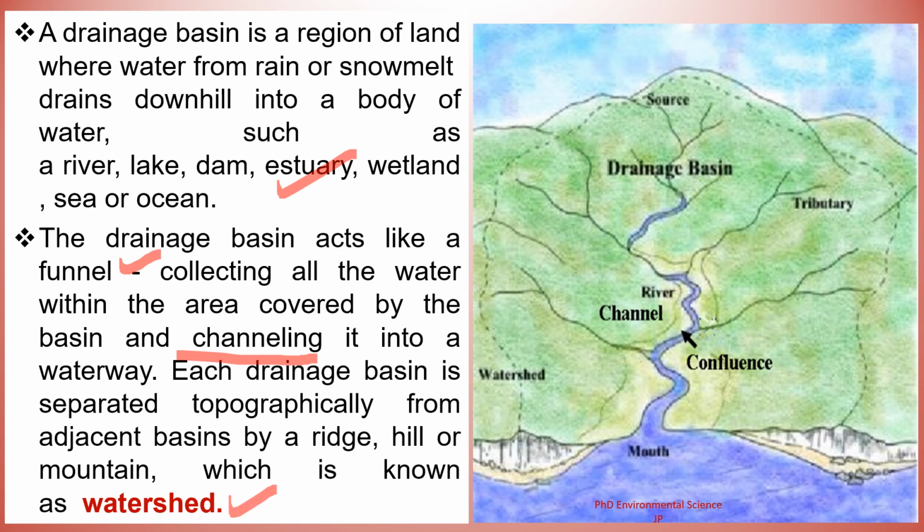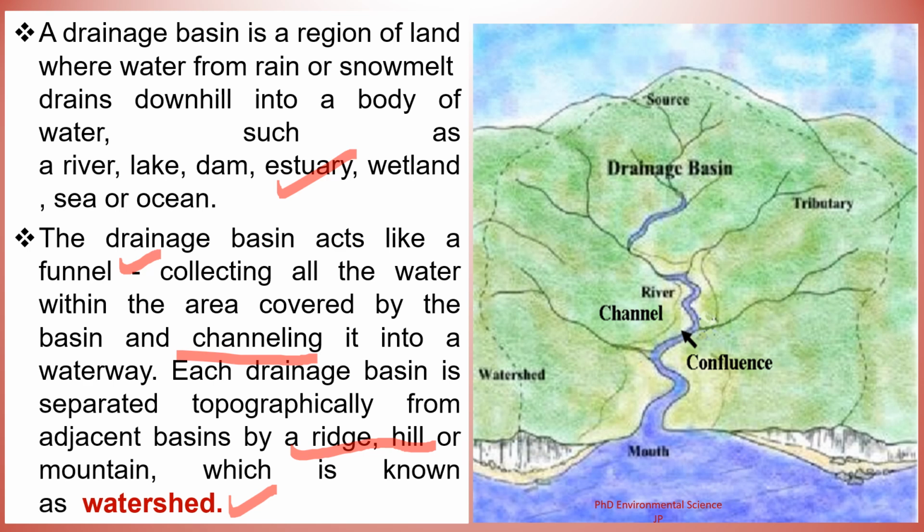So this is a high land area such as a ridge, hill, or mountain that separates one drainage basin from another. The watershed acts as the dividing line where water will either flow into one drainage basin or another. So this illustrates the drainage basin, which is a geographical area where all the precipitation collects and drains off into a common outlet.